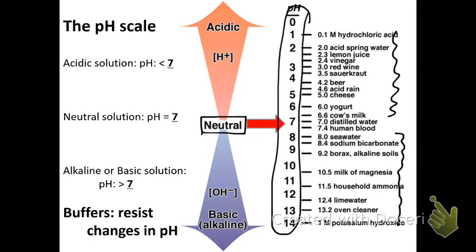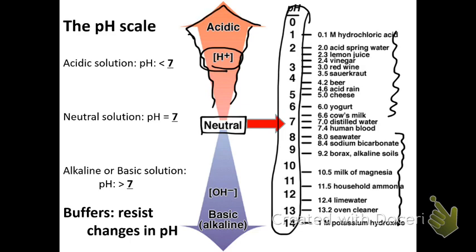Notice that as things become more acidic, the pH number goes down toward 0. And look how this diagram shows that as the pH number goes down, the amount of hydrogen increases. Okay, so you see the arrow getting larger here.